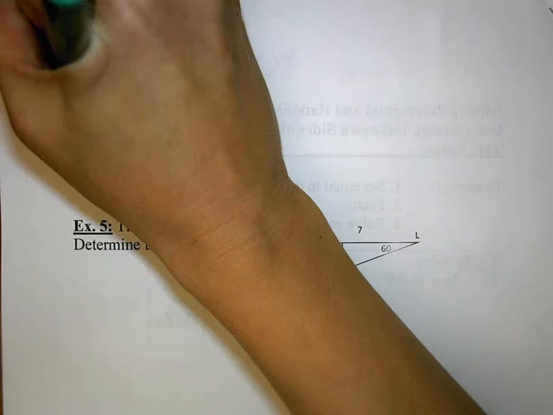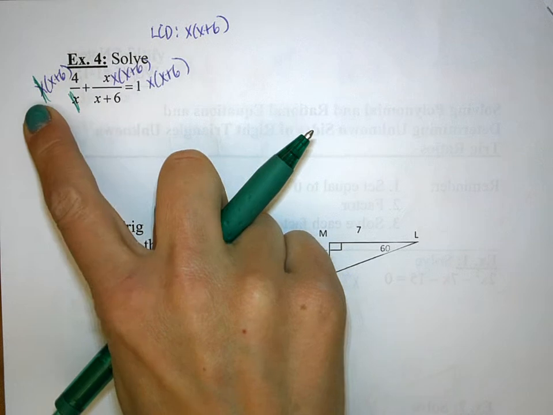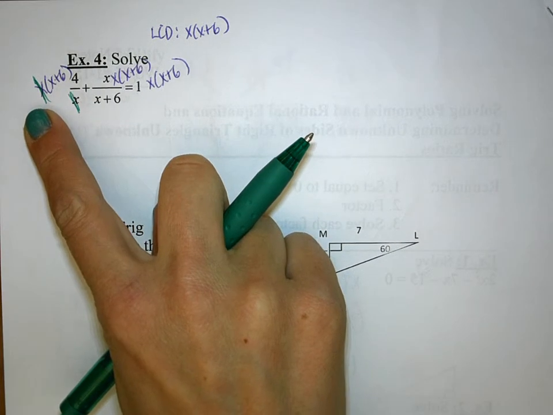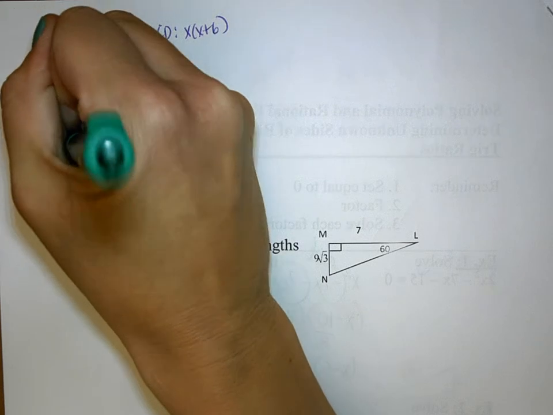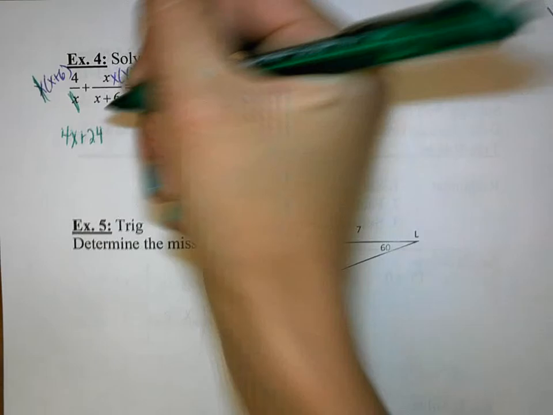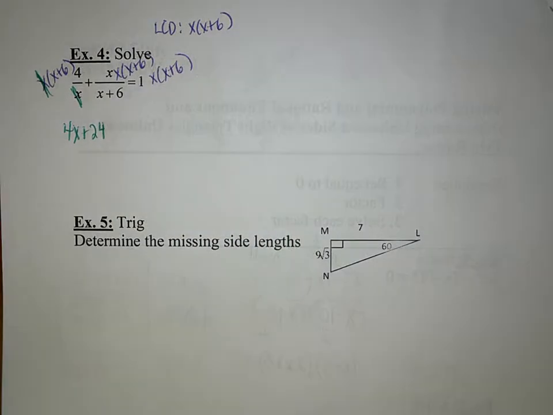Good, the x's cancel out. So I have 4 times x plus 6. What is 4 times x plus 6? 4x plus 24. Are we all okay with that? Yeah? Okay.